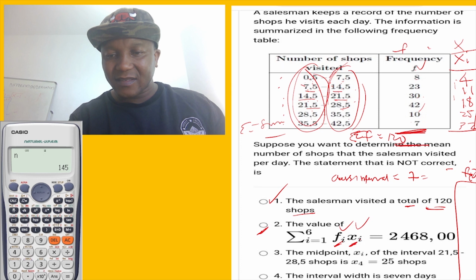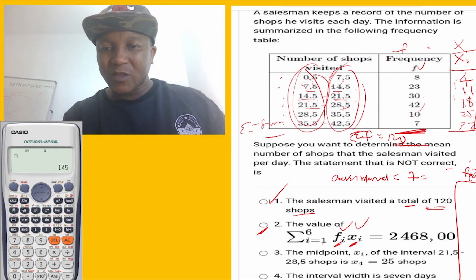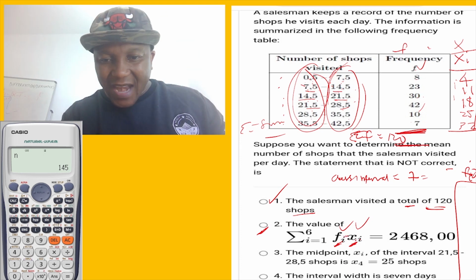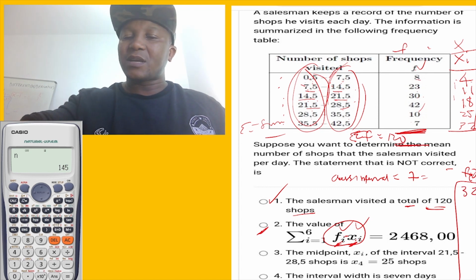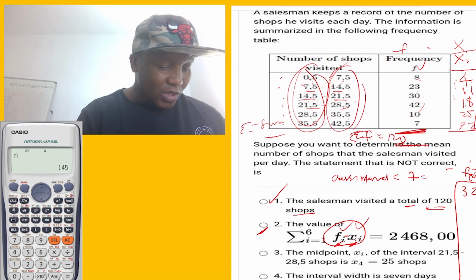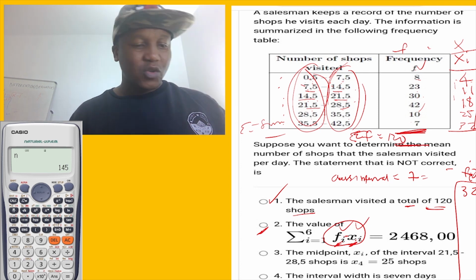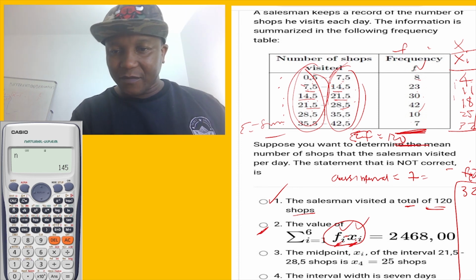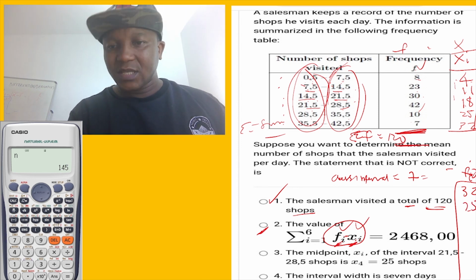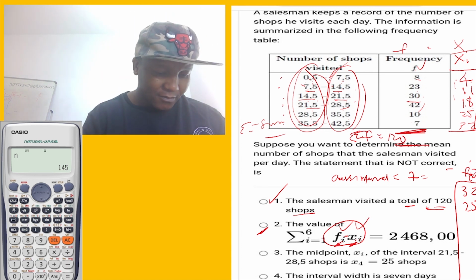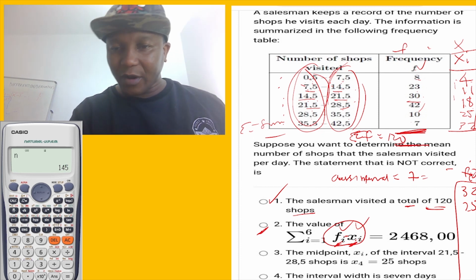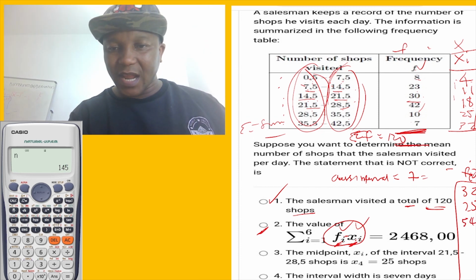So let's multiply now. 8 times 4 is 32. 23 times 11 is 253. Now 30 times 18 is 540.